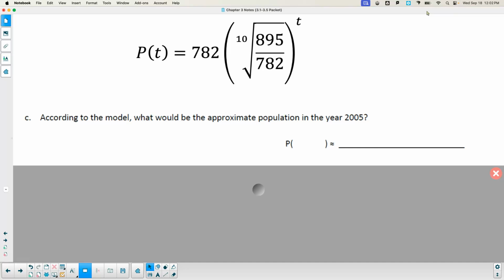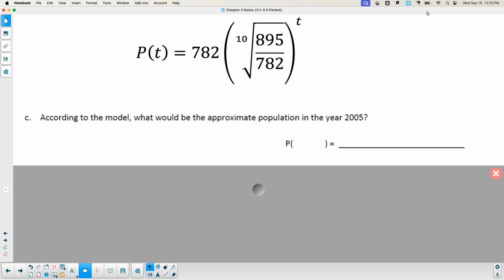So a couple of things coming out of that one. What is T in this function? T is time in years since 1990.